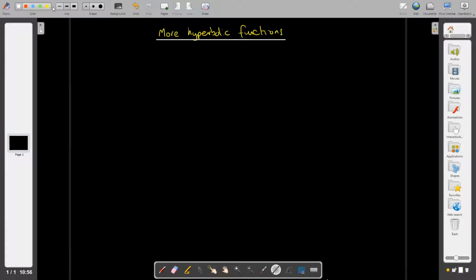Right, before we do any of that, let's just have a little recap. You should know, hopefully, that sec x is the same thing as 1 over cosine x.